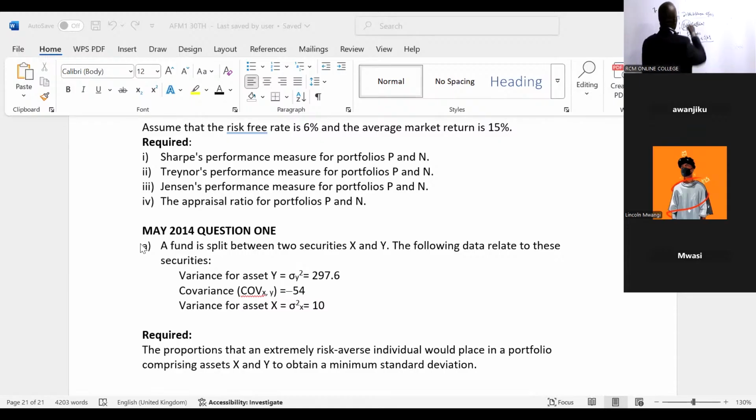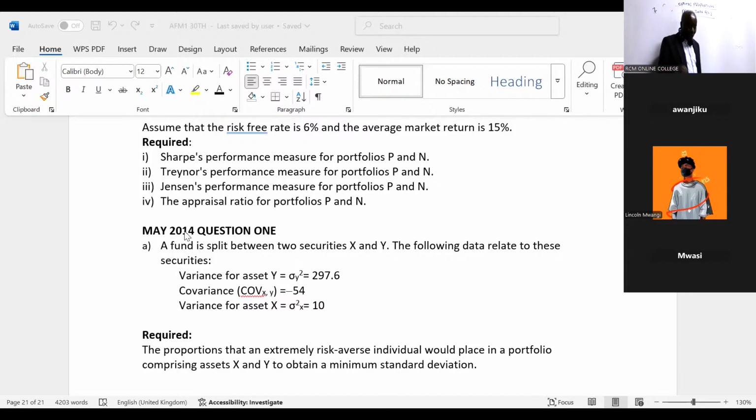Optimal proportions. Very popular. So optimal proportions, ladies and gentlemen, what do we have there? May 2014, question number 1, from that handout that I've just sent, the very last question on the last page.